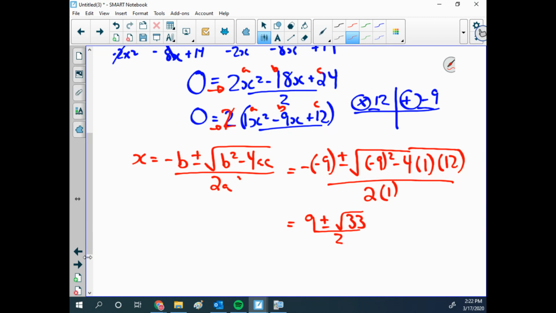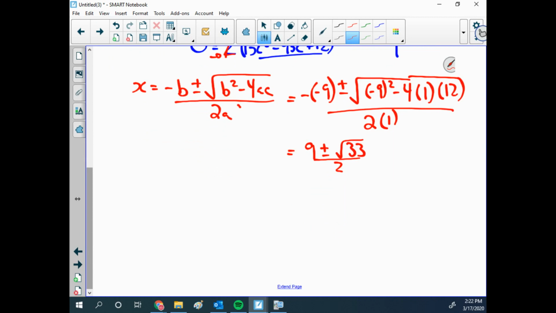So when I do this, I'm actually going to have 2 answers, really ugly answers. 9 plus the square root of 33 divided by 2 gives me the first answer. If I add those, I get 7.37. If I subtract them, I get 1.63, let's round.